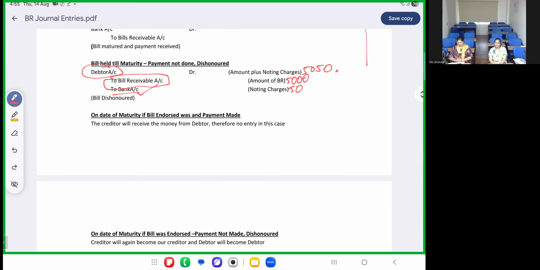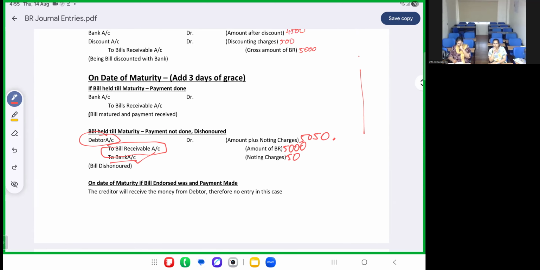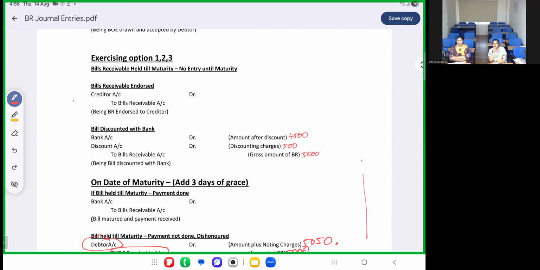Now, on the date of maturity, if the bill was endorsed, what is the entry when we have endorsed? Creditor account to bills receivable. On the maturity date, my debtor should pay to my creditor.